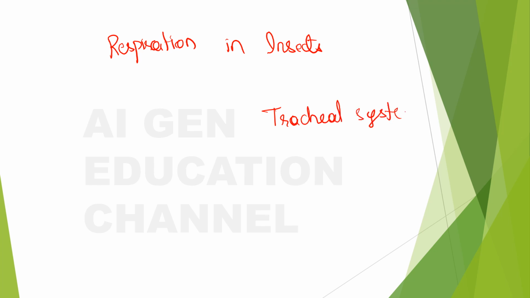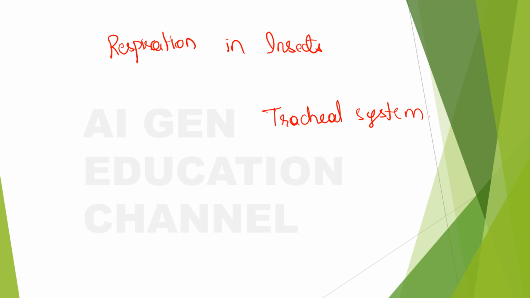In the body of animals like cockroaches and grasshoppers, there is trachea spread through the entire body, and this trachea will be in direct contact with the tissues and cells. These trachea carry the air, and subdivided into tracheoles they reach every nook and corner of the insect's body.